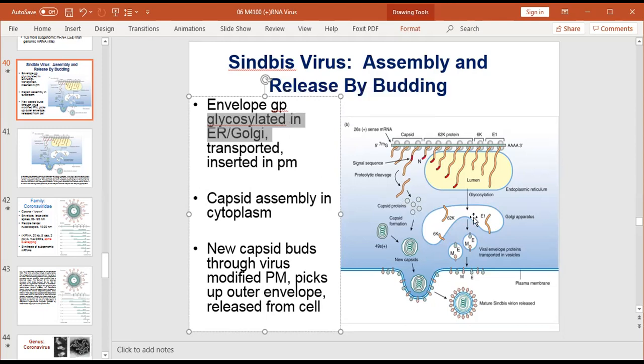And after the glycosylation, these glycoproteins will migrate to a specific region of the host cell plasma membrane, or PM.